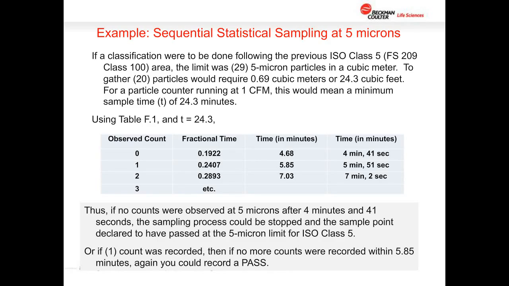Normally you'd have to run at least 24 minutes to sample and verify that, to take a full amount of air and have the statistical confidence. However, if your observed counts within the first few minutes are very low, for example, if you count only one event at 5 microns in the first roughly 6 minutes, you could stop. You can declare that it will pass based on the sequential method.